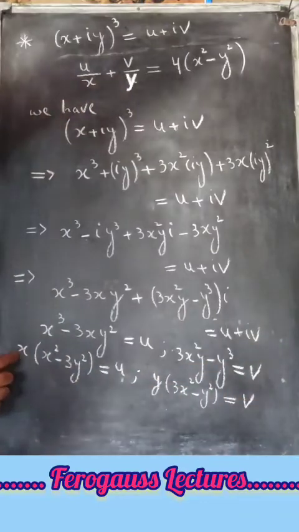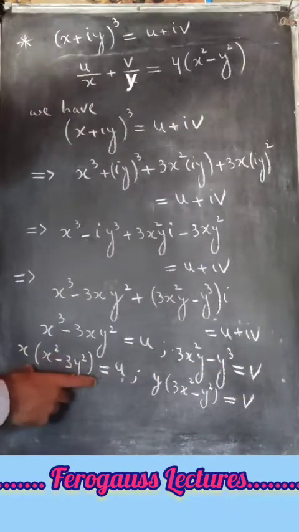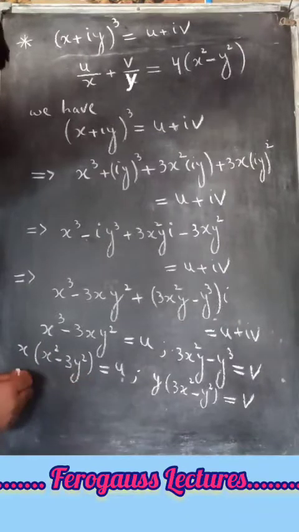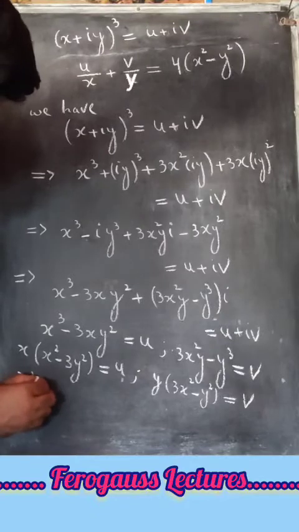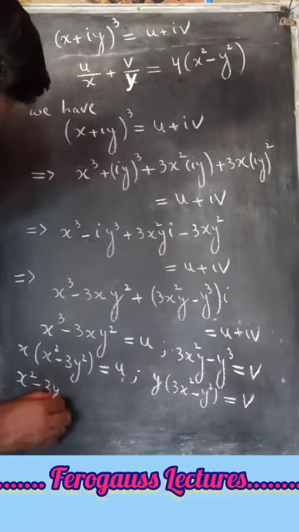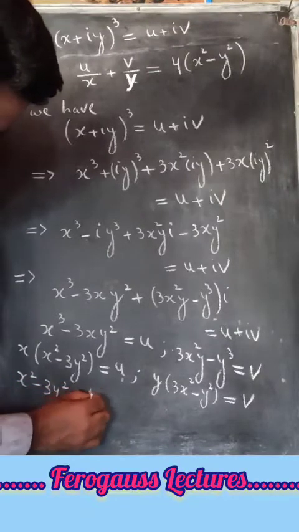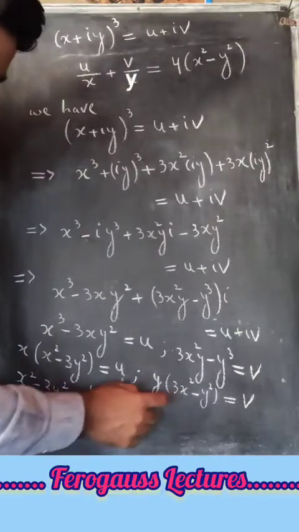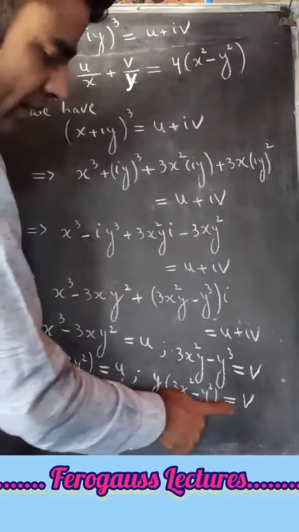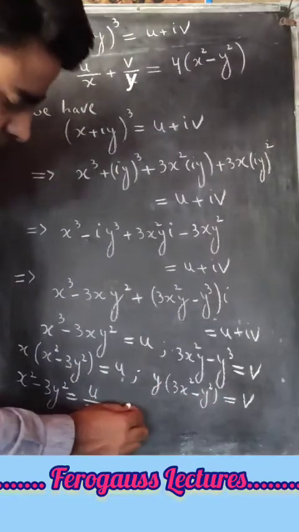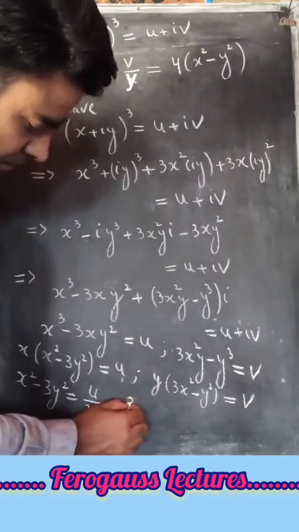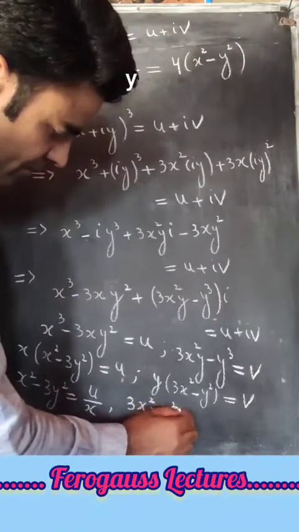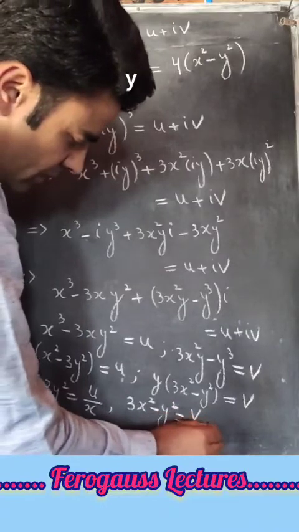Dividing the first equation by x, we get x square minus 3y square is equal to u by x. Dividing the second equation by y, we get 3x square minus y square is equal to v by y.